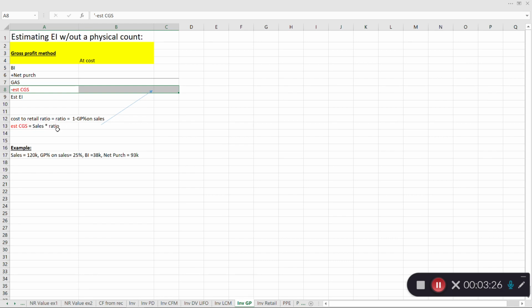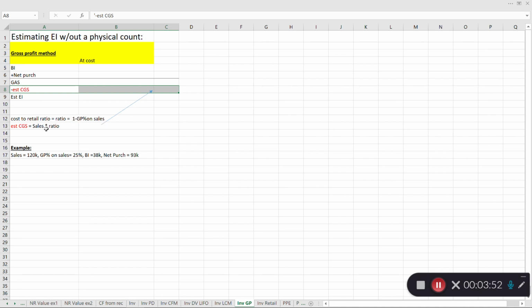And I know this sounds kind of open-ended, but here's what I mean by that ratio. It's more specifically the cost to retail ratio. I'm just going to call it a ratio for purposes of discussion here, but you want to use the cost to retail ratio to be able to figure out what the estimated cost of those items are. And the formula for the cost to retail ratio is 1 minus the gross profit percentage on sales.